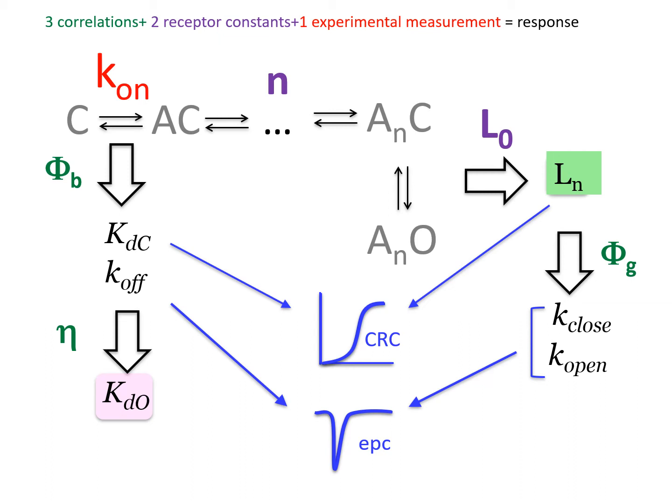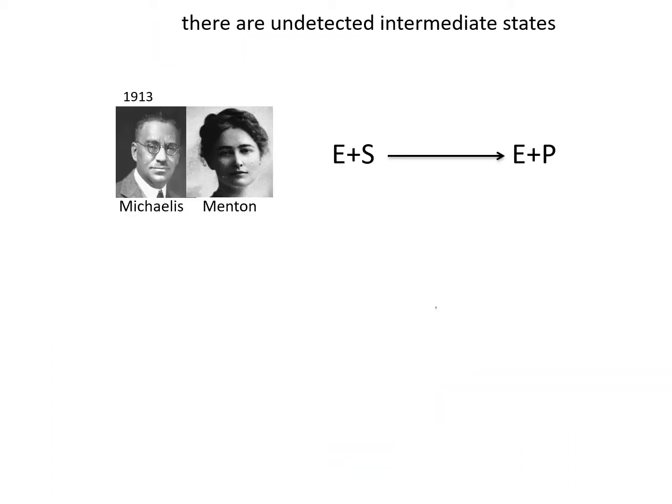Okay, let's get back to efficiency now and the mechanism that undergirds efficiency. In 1913, Michaelis and Menten proposed an intermediate state in the conversion of substrate to product and enzyme, namely the ES bound substrate state. And that was confirmed 30 years later by Britton Chance after he had invented a stop flow apparatus and was able to detect this state directly.